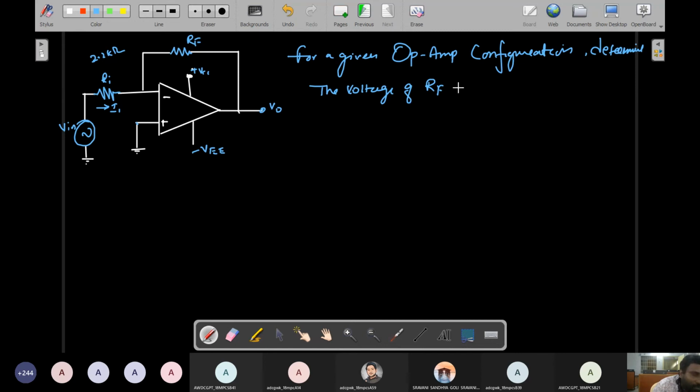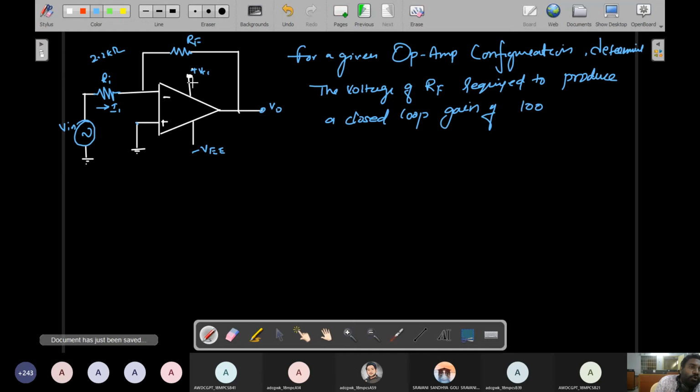The value of RF required to produce a closed loop gain of 100. So this is called gain actually, nothing but closed loop gain. So the gain is given, the input resistance is given, and through the feedback resistor RF you want to find out the output resistance.